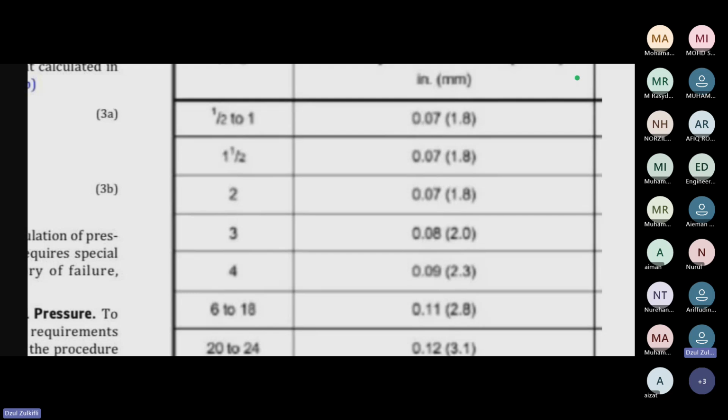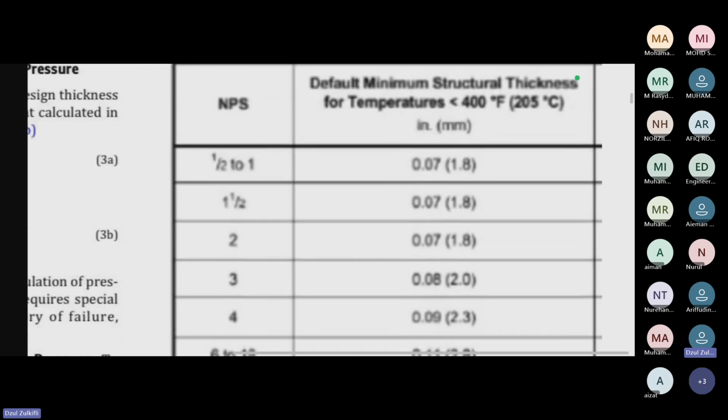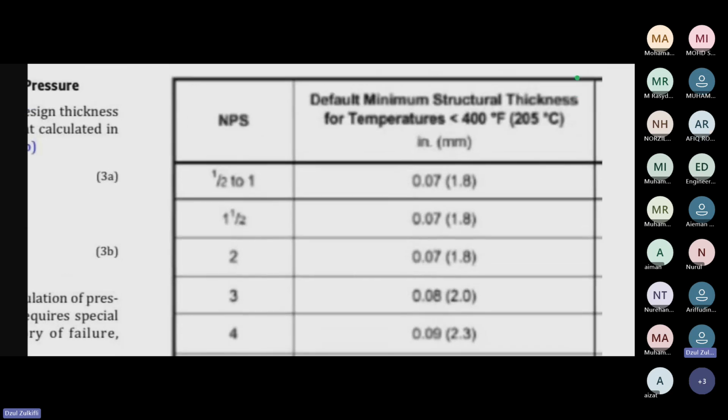This table has an alert thickness and a minimum thickness. In my sharing here, I'm just showing minimum thickness, but there's also an alert thickness such that if some site or company doesn't want to wait until the absolute minimum, they want to be more proactive, they can use the alert value.